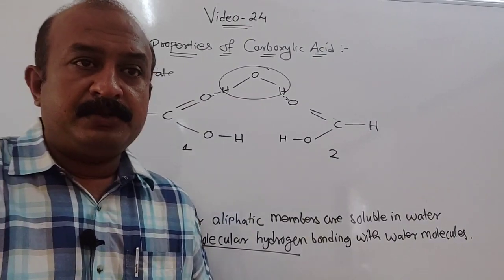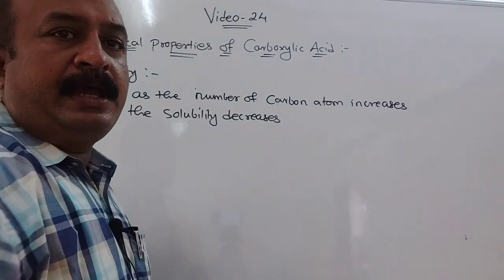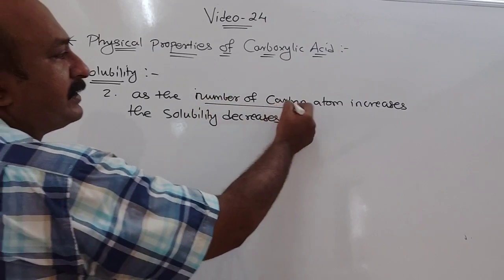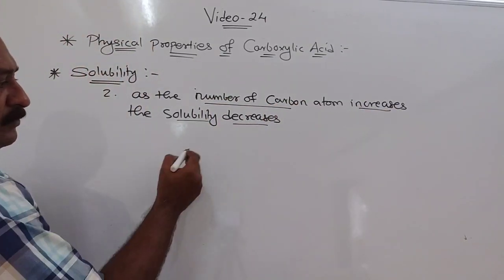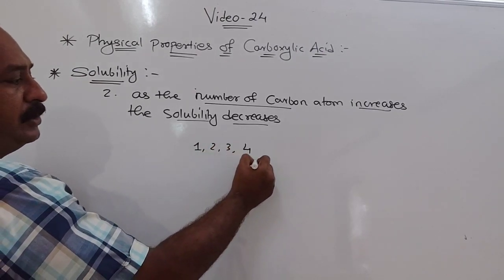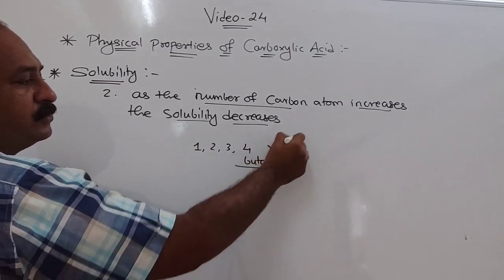Understood this part? Now the higher members. As the number of carbon atoms increases, solubility decreases. What we have seen up to 4, that is 1, 2, 3 and 4, still butanoic acid, has good solubility.